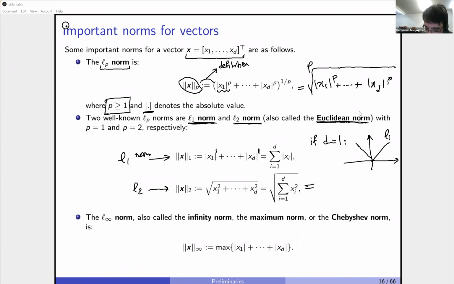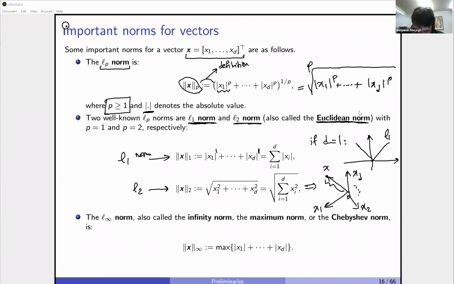And what does this mean? This means that in the d-dimensional space, x1, x2 until xd, if we have a point x, this will represent a vector connecting the origin to the point. The length of this vector will be the L2 norm of x.